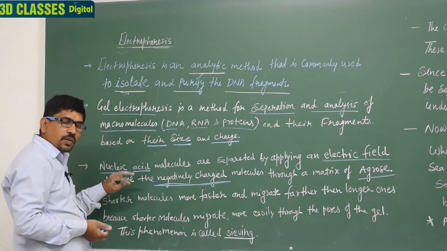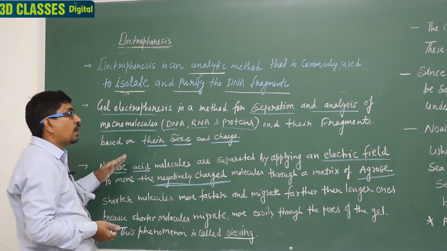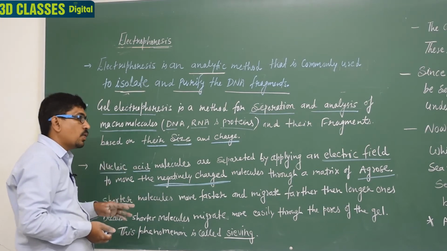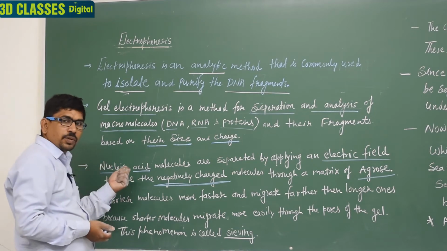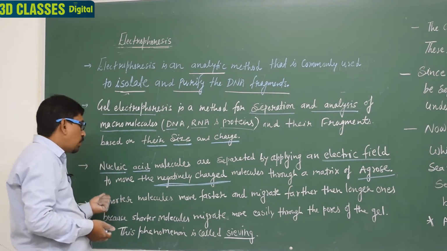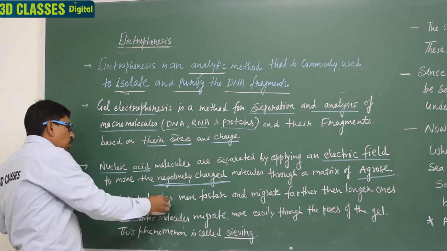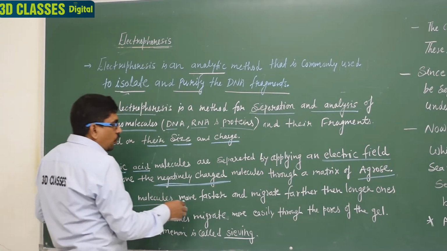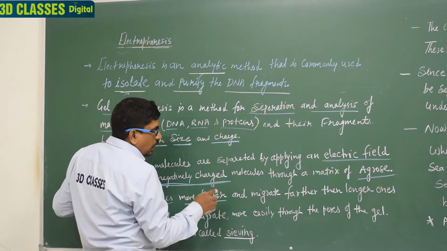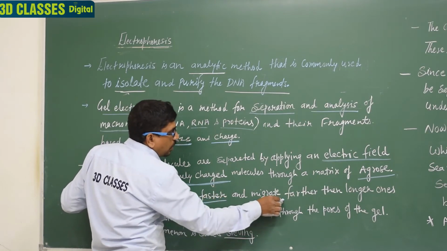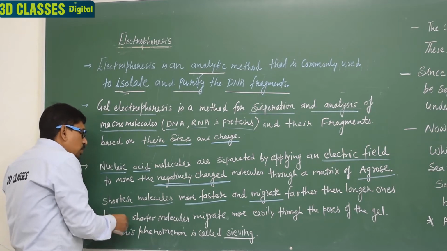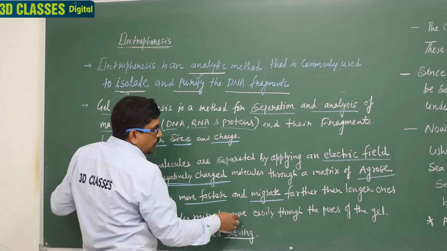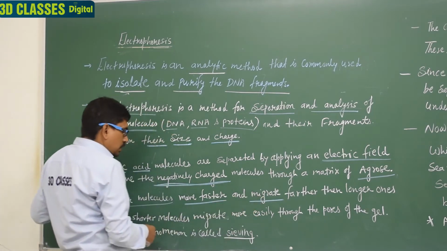Second, an electric field is required, and this electric field uses the agarose gel, and the molecules move from negative to positive. Shorter molecules move faster and migrate farther than longer ones, because shorter molecules migrate more easily through the pores of the gel.